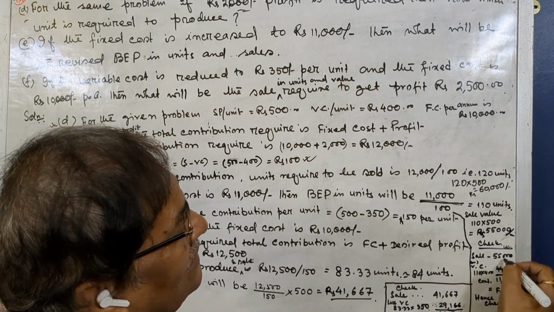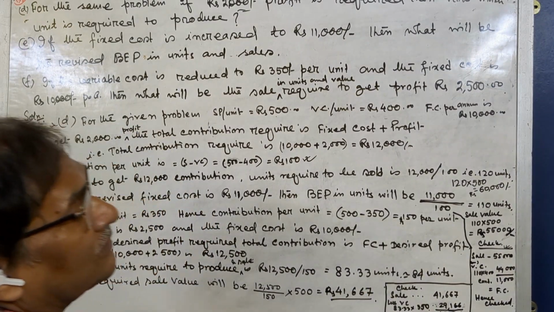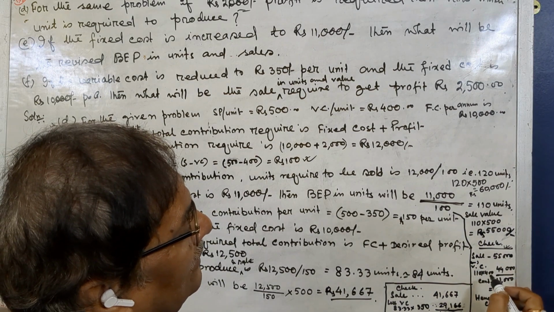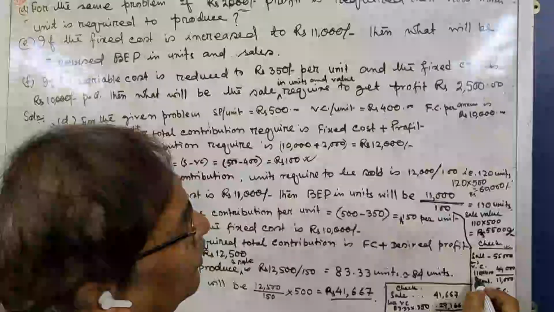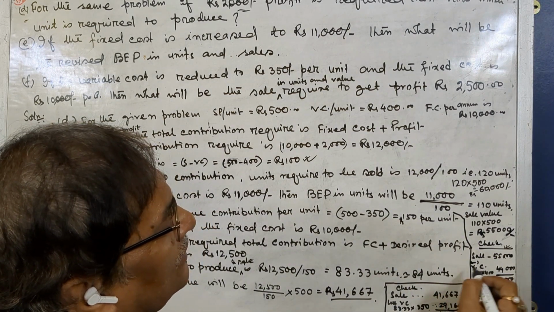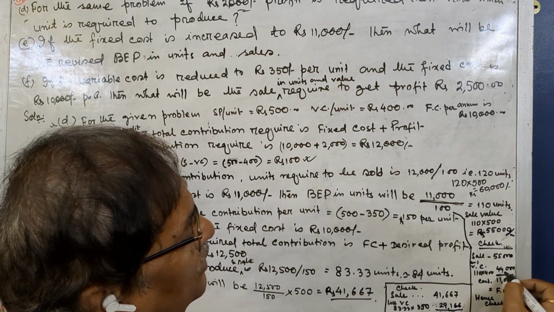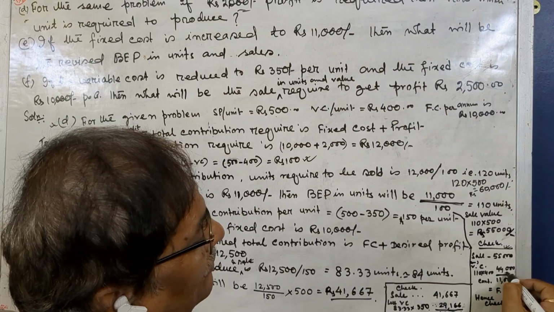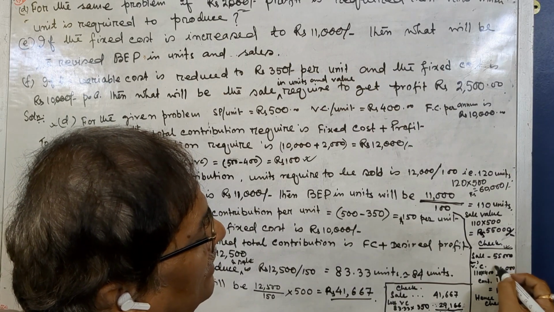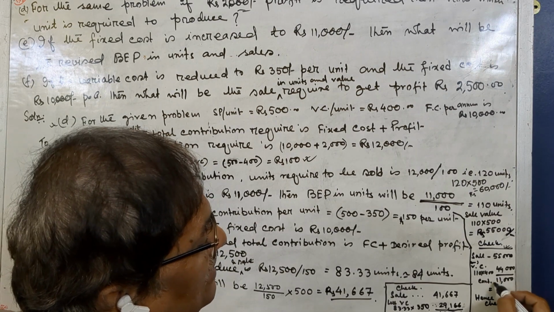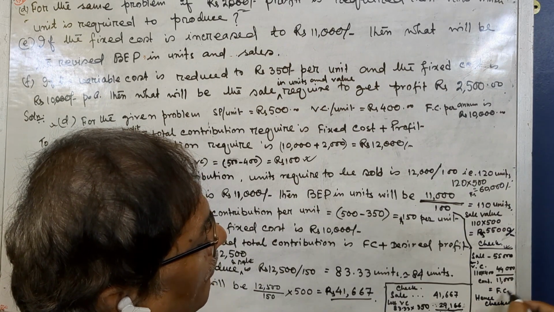See, sale is 55,000. Per unit sale value is 500. That means you have sold 110 units. The variable cost per unit is 400, that's why total variable cost is 44,000. And the difference is contribution, 11,000. And this contribution is required to cover the fixed cost.